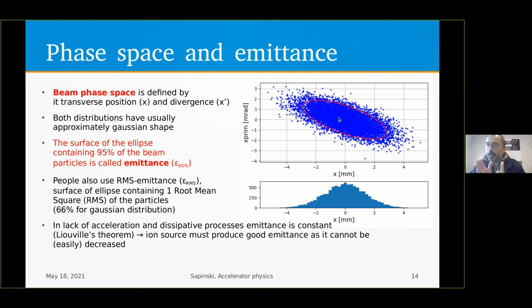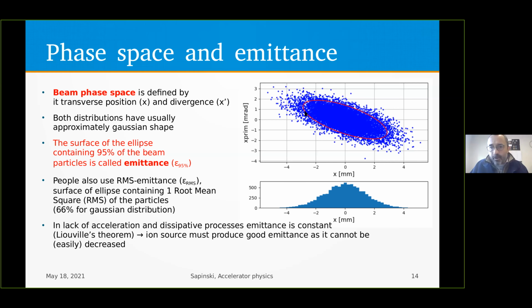Beams are always a little bit divergent, right? So it moves with a certain angle. All these particles form in the phase space this kind of cloud. And the cloud doesn't really have well-defined borders, so we usually say the surface of 90% of all the particles is called the beam emittance.